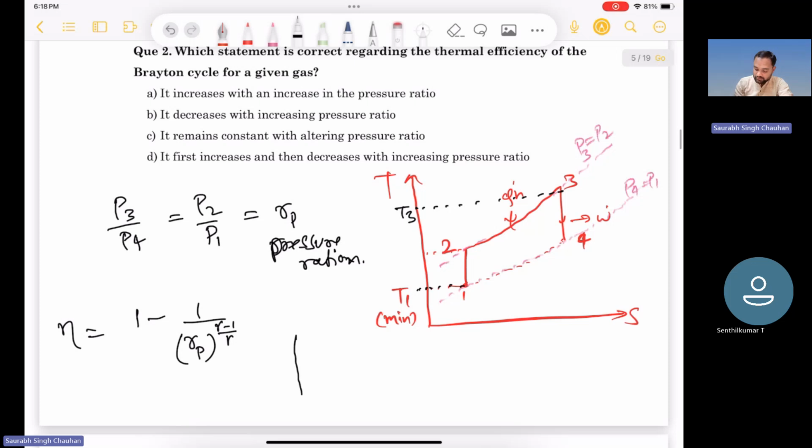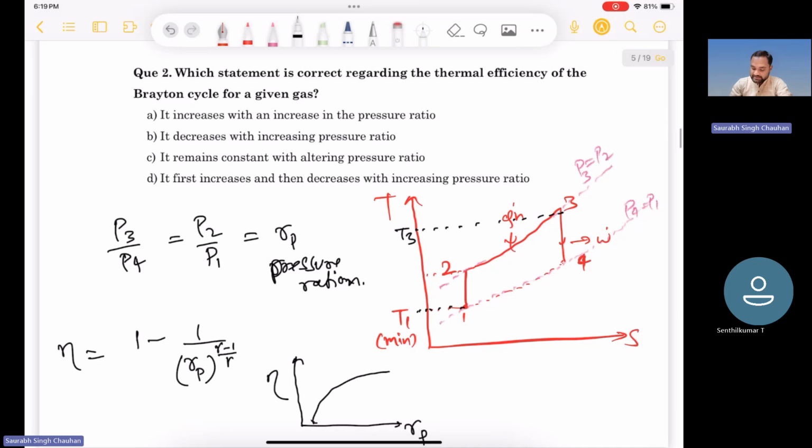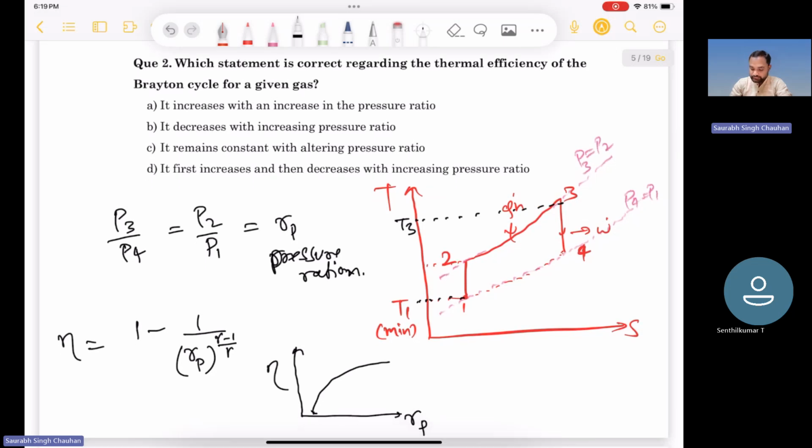So if you try to make a plot of efficiency versus RP, then you will get these type of curves, right? So eta increases if you increase the pressure ratio.